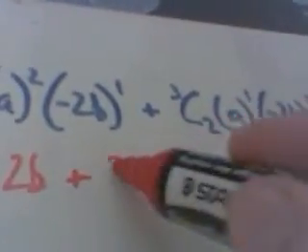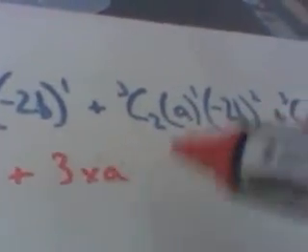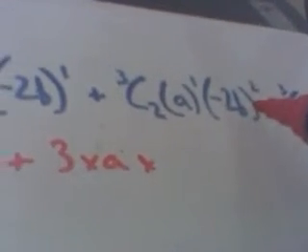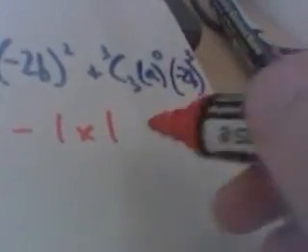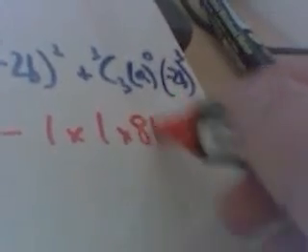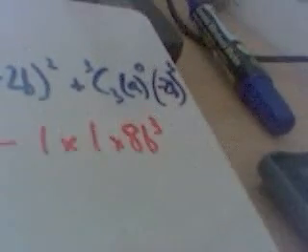Plus 3 choose 2 is 3 times a times negative 2b squared. That's positive 4b squared. And then the final term, because we've got a negative cubed, that's negative, we've got minus 1 times 1, so a to the nothing is 1, times 8b cubed.